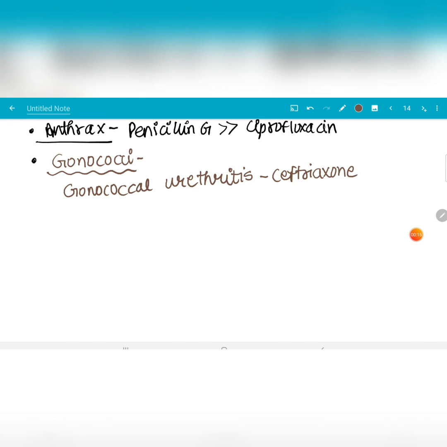The drug of choice for non-gonococcal urethritis is azithromycin. And the drug of choice for mixed gonococcal and non-gonococcal urethritis is azithromycin.